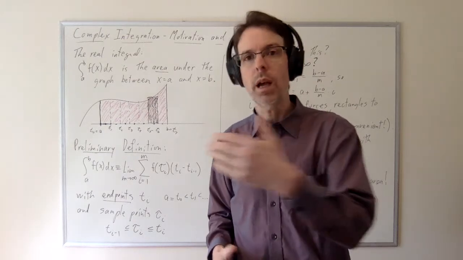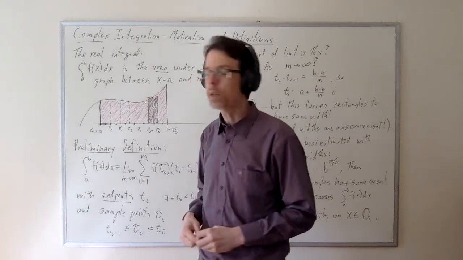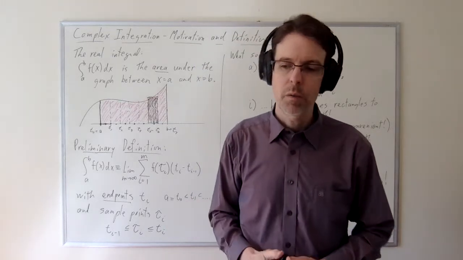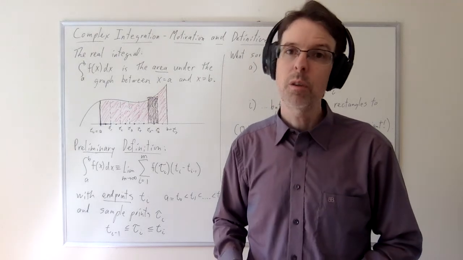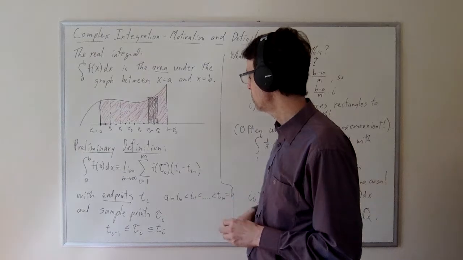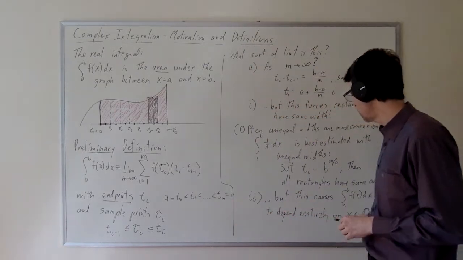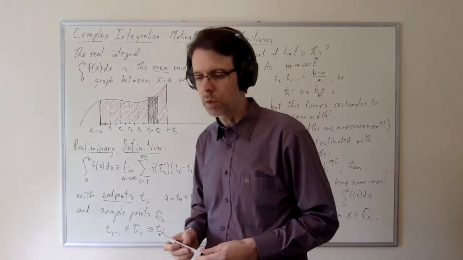And if you've taken any higher measure theory, then you know that the rationals have measure 0, and in fact, the values of the function along the rationals shouldn't matter very much at all to the integral of the function on this interval. And so this feels theoretically wrong, that it causes the integral to depend only on the rational values.